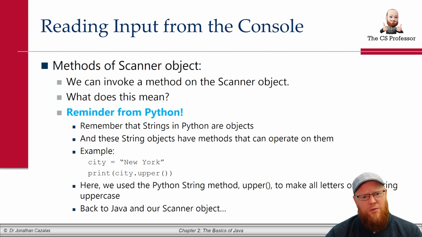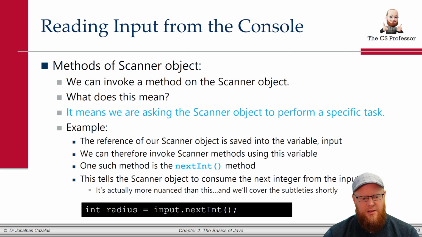So in that same vein, we go back to Java and the scanner object. Well, now we have this scanner object. It's called input. That input scanner object has methods that we can use to operate on it. One of those methods, or many of them, will be used to scan data from the user. Here we're going to use the nextInt method.